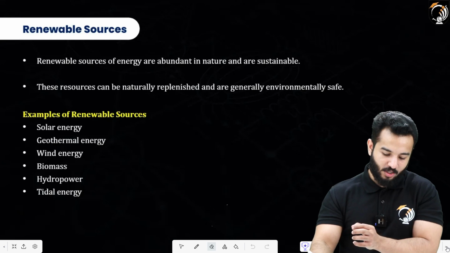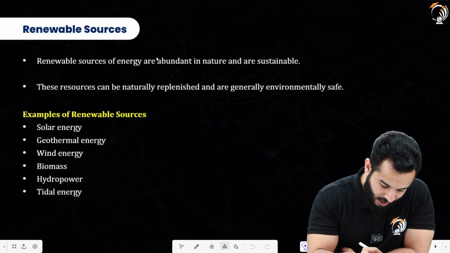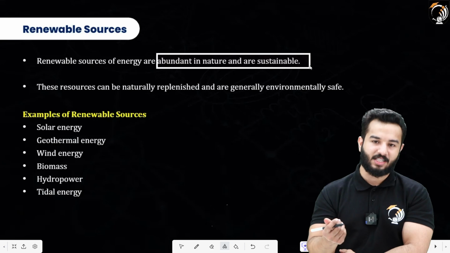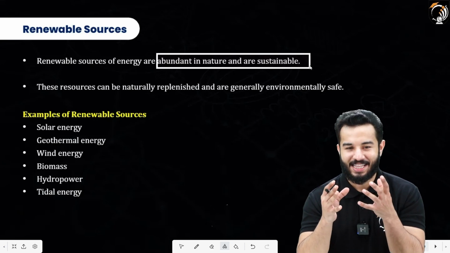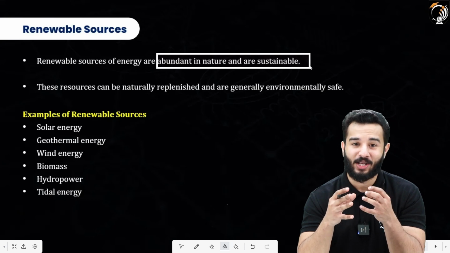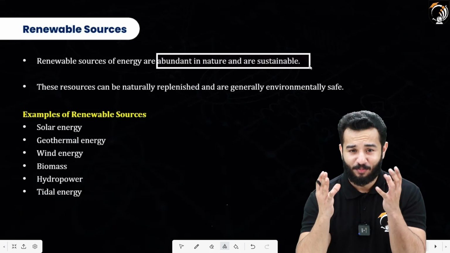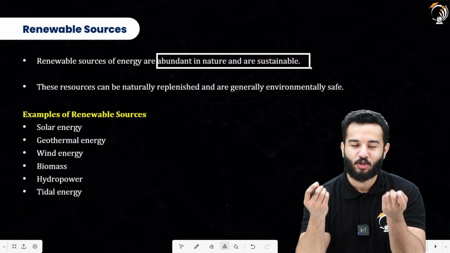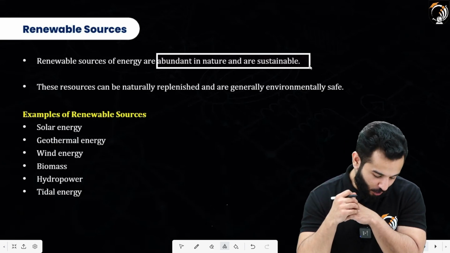For renewable sources, these are those sources which are assumed to be abundant in nature and are sustainable, for example, solar energy. Although in theory and in reality, solar energy also has a life, that span of life is too big for the human species.